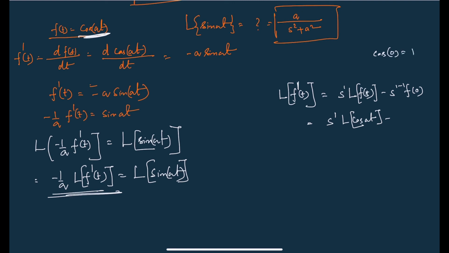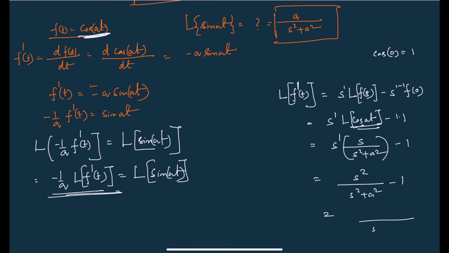That's why it is 1 into 1. The Laplace transformation of cos a t is s divided by s square plus a square. Okay, minus 1. Then this is going to be s square divided by s square plus a square, minus 1.